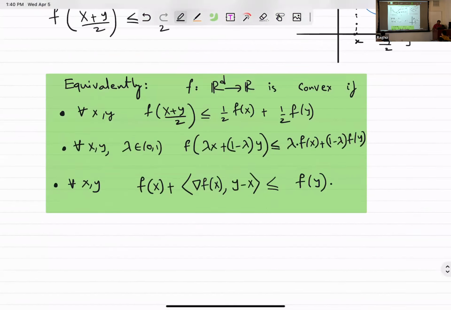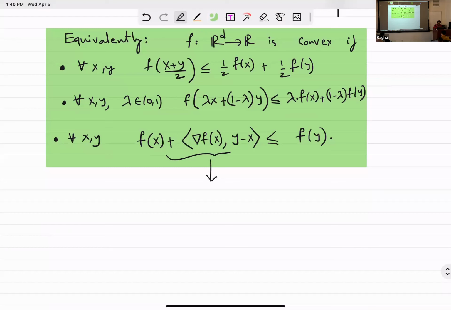Okay. So this is the equation of the tangent. Right. So convexity gives you a nice lower bound on your function.